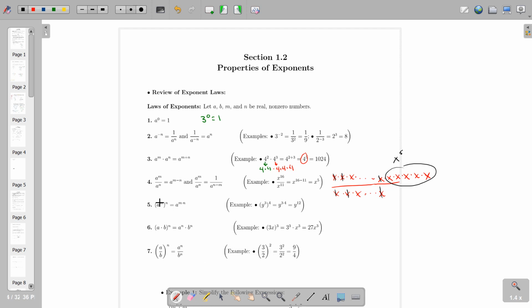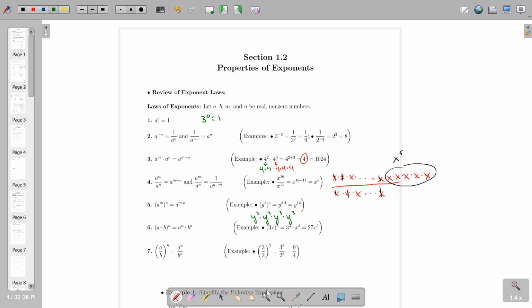And then when you have a power raised to a power, we're just going to multiply those exponents. And again, what's going on here? y cubed to the 4th means y cubed times y cubed times y cubed times y cubed, 4 times. So what are we doing? We're just repeatedly adding 3 to itself. What is repeated addition?